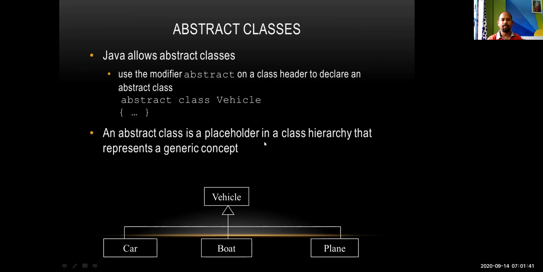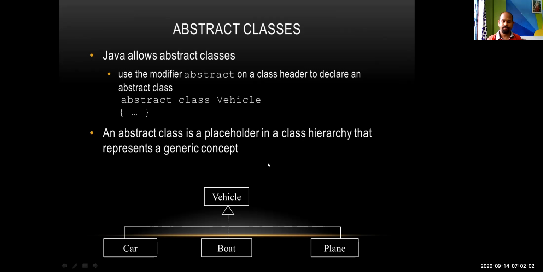An abstract class is a placeholder in a class hierarchy that represents a generic concept. So only for making the inheritance in proper order, an abstract class is declared. But from an abstract class, we will not create any object.